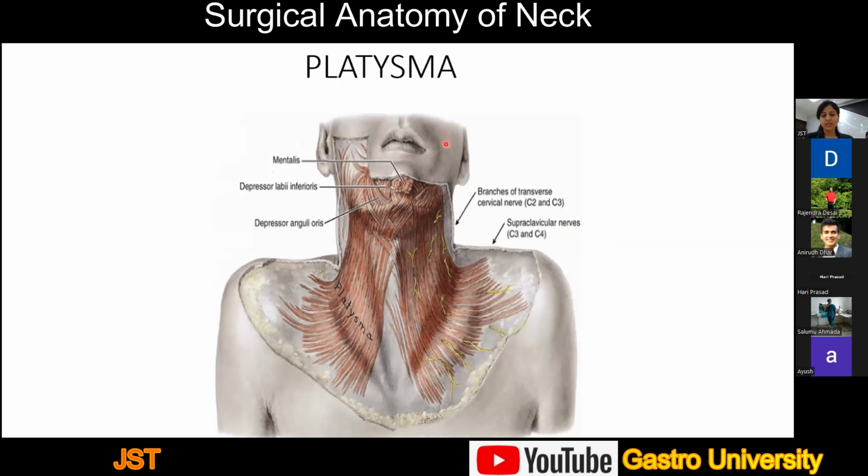That is why contraction of any muscle of facial expression will give us a certain expression on the face. Now, platysma is supplied by the facial artery and the cervical branch of the facial nerve. Some fibers of this muscle decussate near the mandible, but the majority of them do not meet in the midline, again giving us a very nice open area for midline dissection to access the lateral structures in the neck.